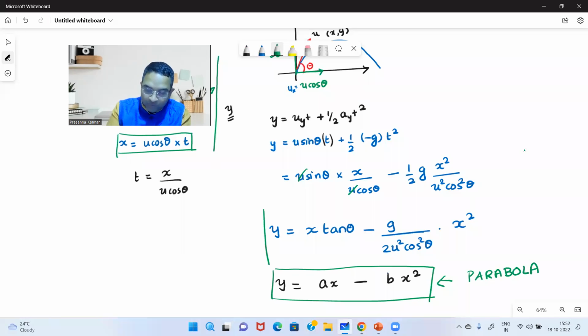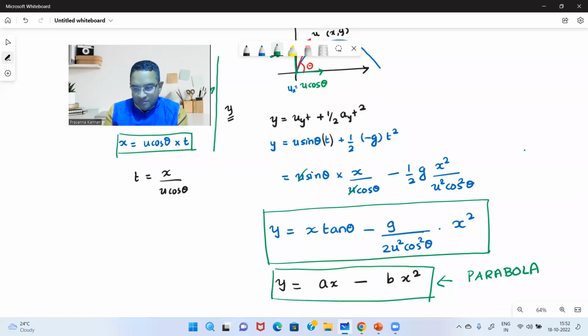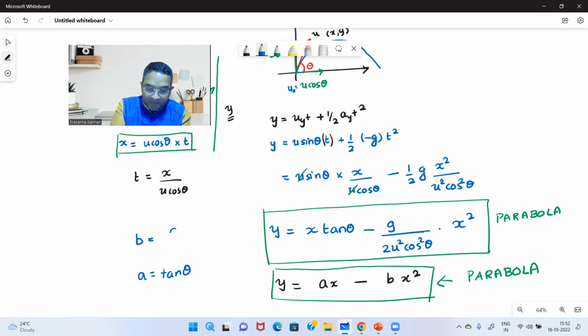Hence, we are able to prove that the trajectory of projectile motion is a parabola. Where a is equal to tan theta, and what is your b? g by u square cos square theta. This is what is expected.